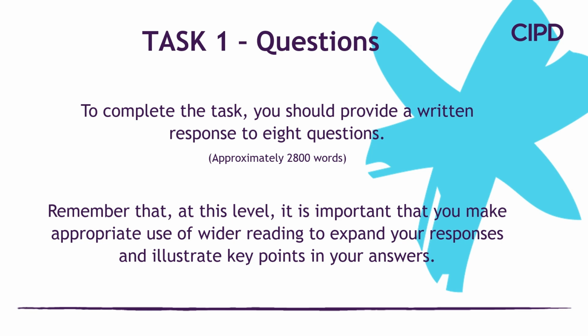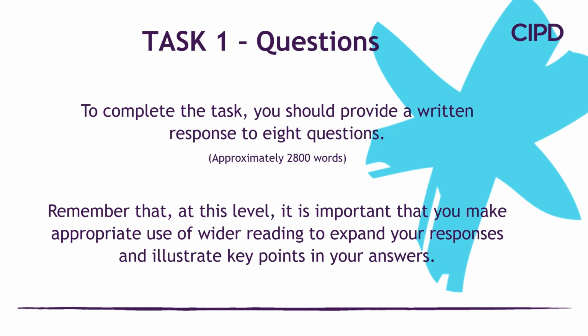Task 1 is the knowledge task, and it is really about questions and responding to questions. So the instruction here is that to complete this task, you should provide a written response to 8 questions. So the brief provides 8 set questions for you to respond to. And as it says there, you have approximately 2,800 words in which to respond to all 8 questions.